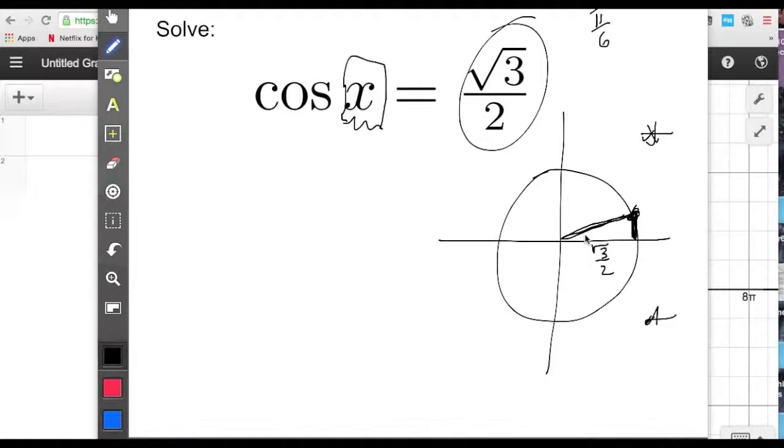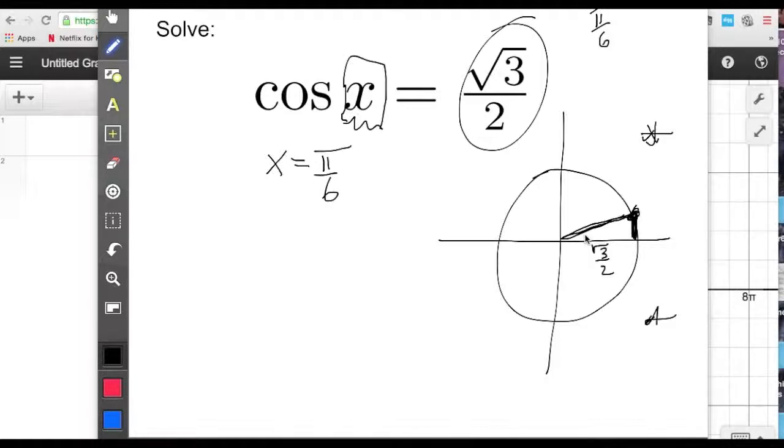So for root 3 over 2, we've got this angle right here. This is the smaller of the two. We're talking about pi over 6. So one solution to this would be a pi over 6 angle. Cos of pi over 6 is the same as root 3 over 2. So part of our solution says x is equal to pi over 6.